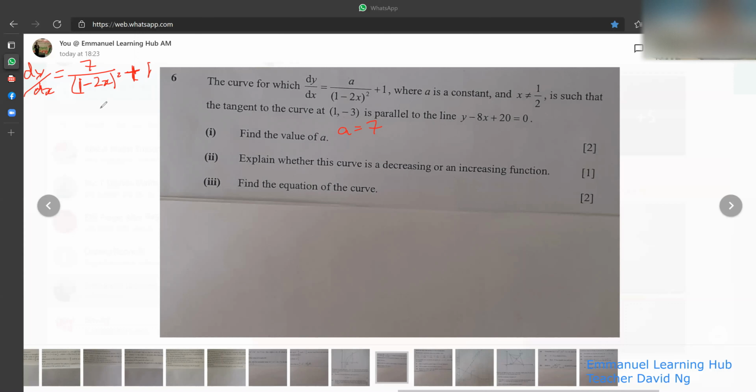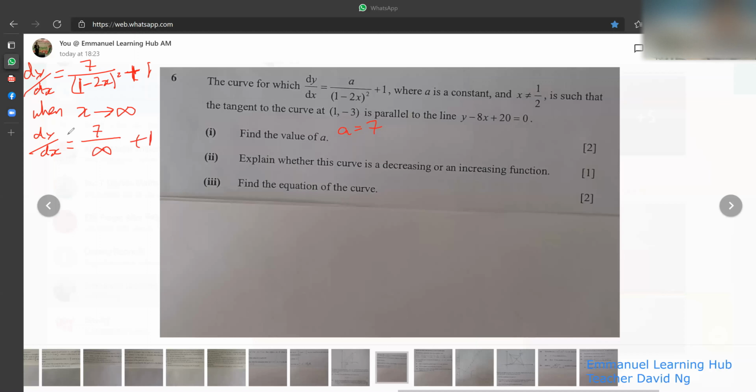Explain whether this curve is a decreasing or increasing function. So when x approaches infinity, your dy/dx should be equal to 7 over infinity plus 1.